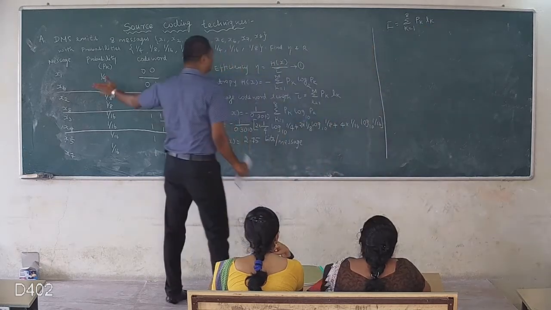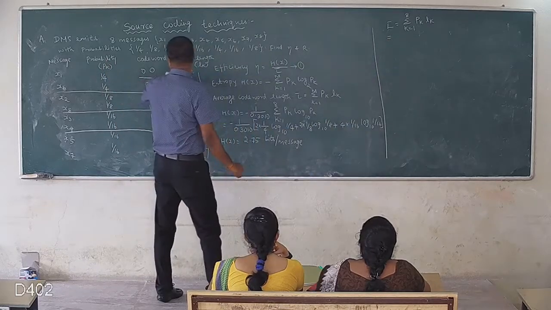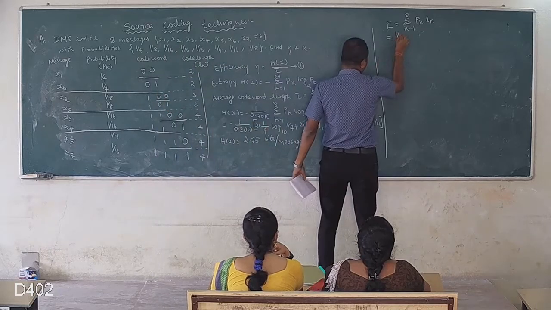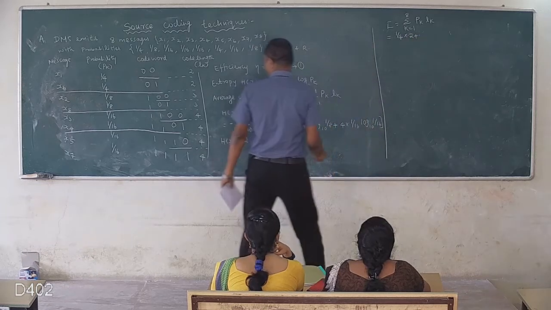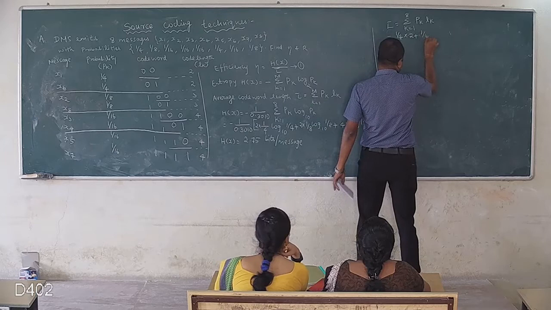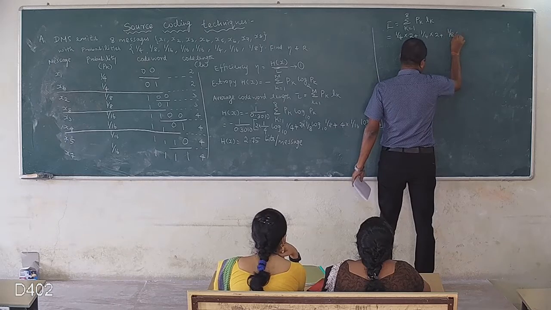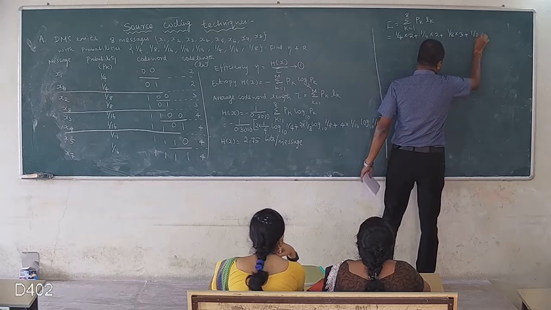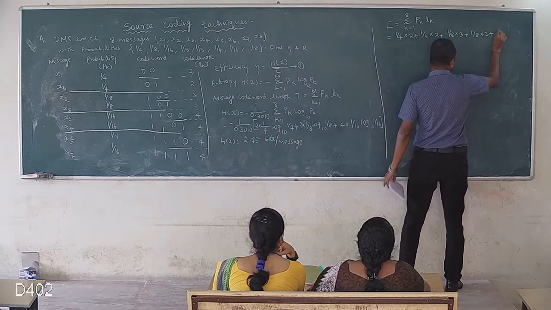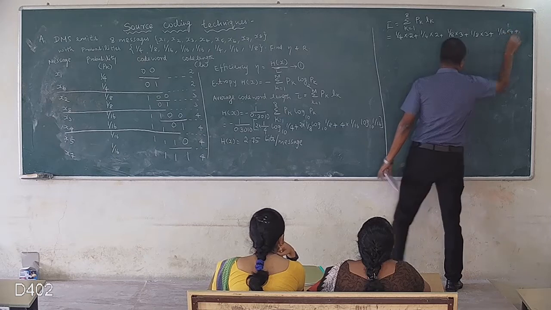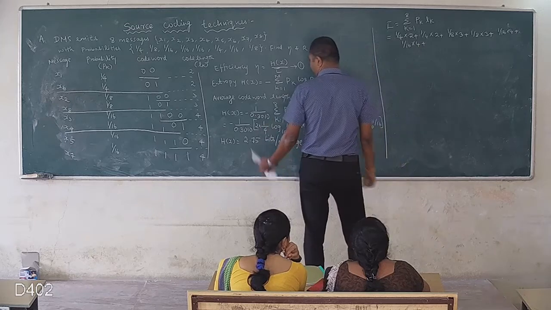Already we have calculated length, already we know the probability, so it is 1 by 4 into 2 plus 1 by 4 into 2 plus 1 by 8 into 3 plus 1 by 8 into 3 plus 1 by 16 into 4 plus 1 by 16 into 4, 1 by 16 into 4, 1 by 16 into 4.